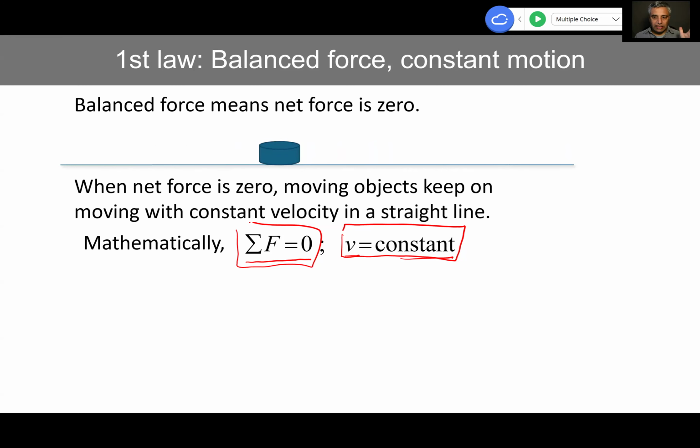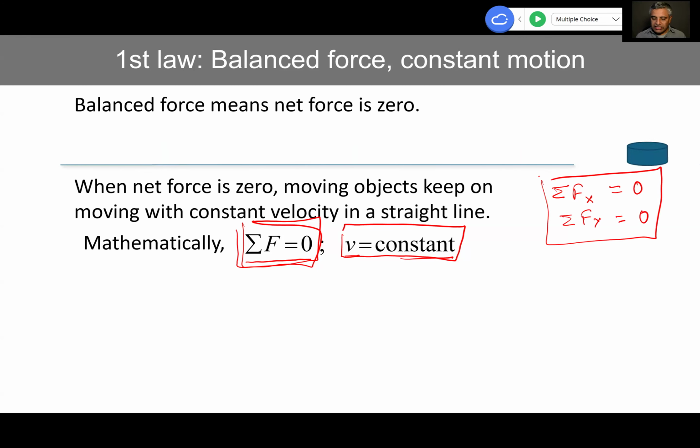That's it, okay? So when we write this equation to solve problems, we write it in terms of components. Hopefully you remember components from last class, right?